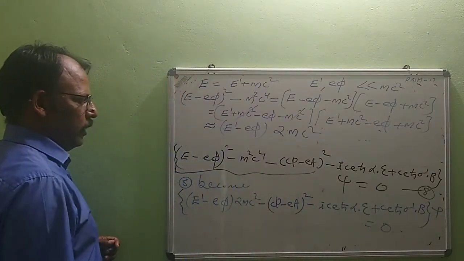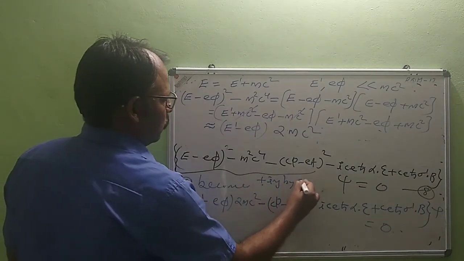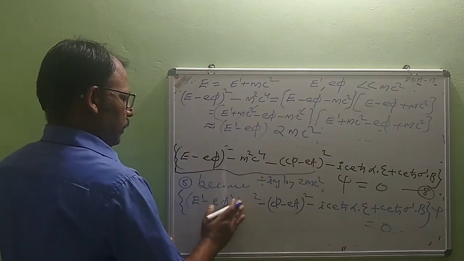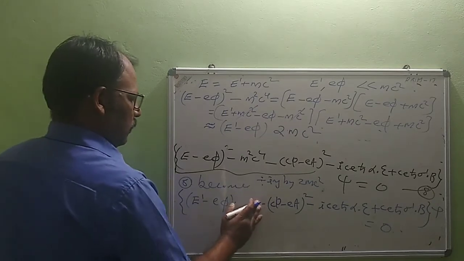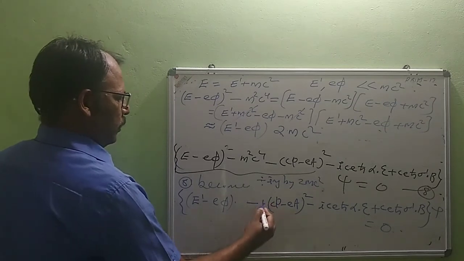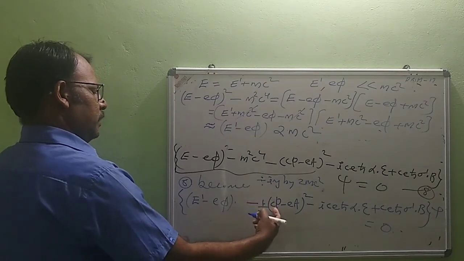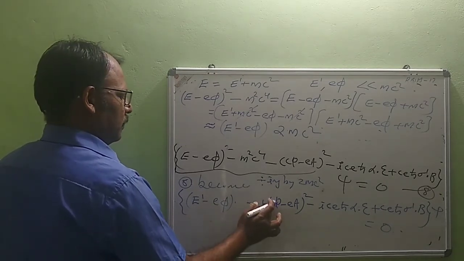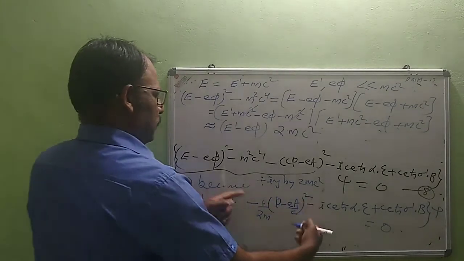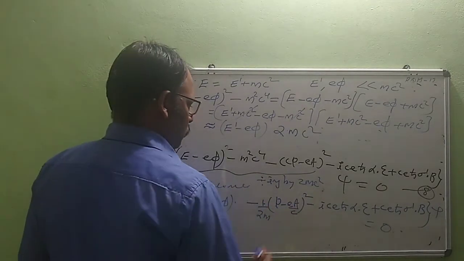Dividing throughout by 2mc square. When I divide by 2mc square, taking c common from both these terms, the c square will get cancelled, so it will be (p minus eA by c) the whole square, 1 by 2m into (p minus eA by c) the whole square.